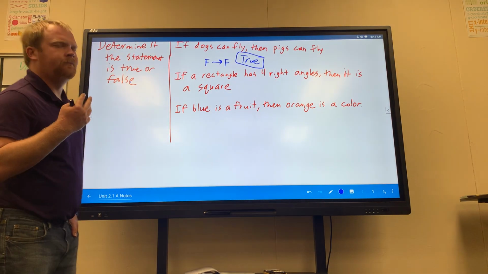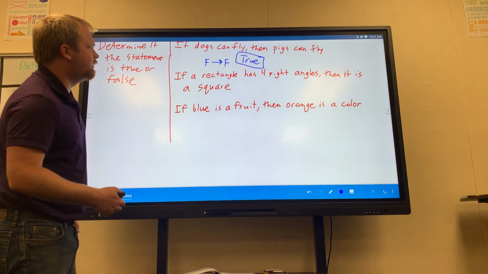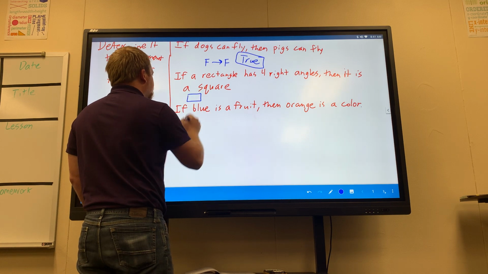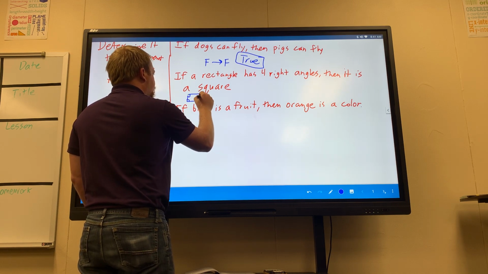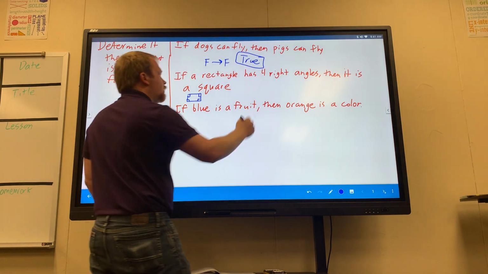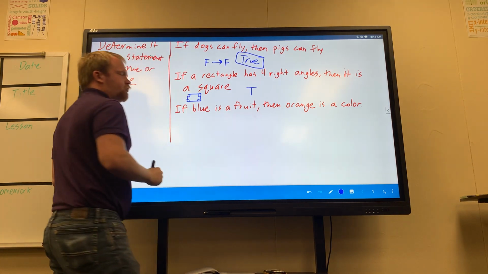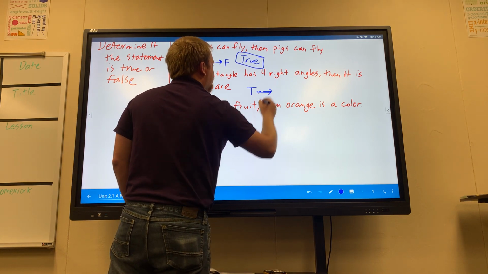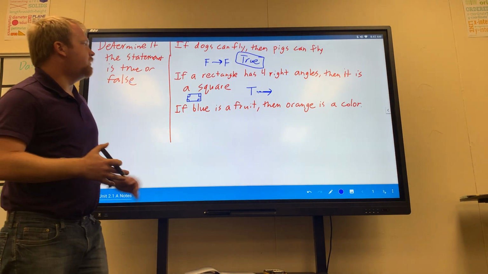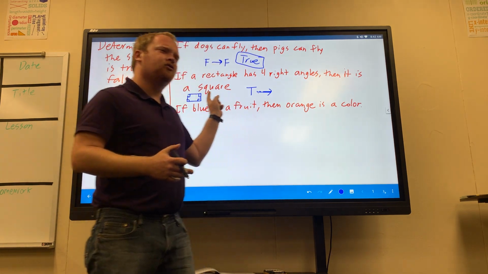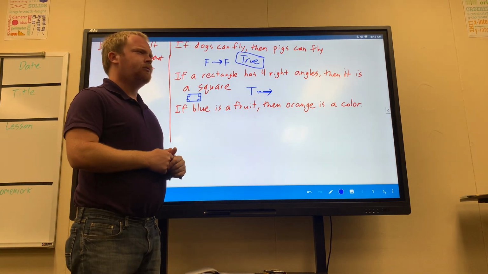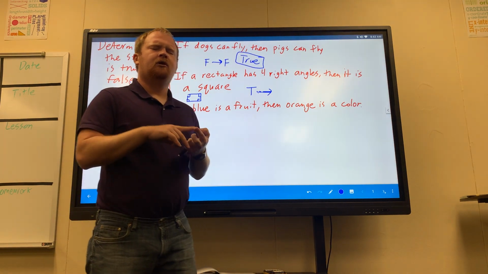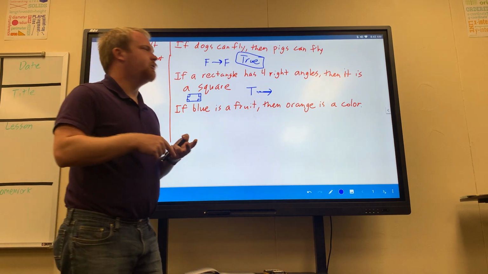If a rectangle has 4 angles, then it is a square. Typically, if we draw a little rectangle right here, it does have 4 right angles, right? So the if statement is true. However, the then statement says it's a square. Well, think about it this way: besides having 4 right angles, a square has to have 4 equal sides.